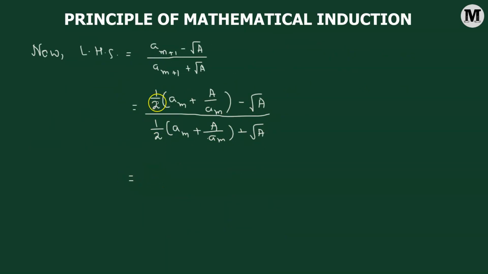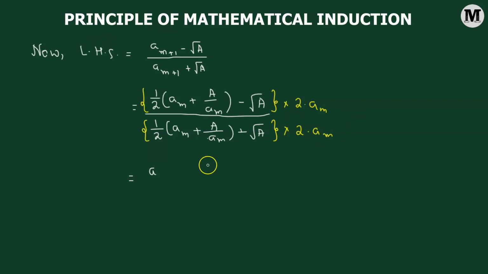That's going to give us 2 as well as a m, so we get a m squared. Let me write it down. We're going to multiply the entire numerator with 2 times a m. Similarly, we're going to do that to the denominator as well, multiplying with 2 times a m.